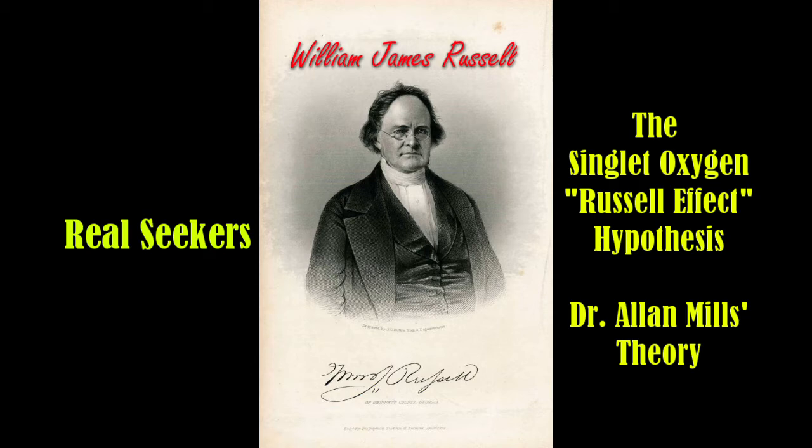And Mills proposes, okay, well, maybe in the case of the Shroud of Turin, certain oils and sweat secreted from a tortured man's skin acted in conjunction with the blood and bacteria present on such a person in order to release certain gases such as singlet oxygen and also hydrogen peroxide.